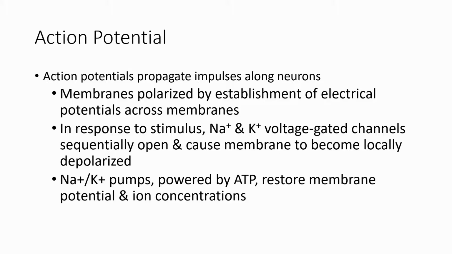So if a cell becomes rapidly depolarized, they'll open up and they'll allow sodium or potassium to pass through. And then sodium-potassium pumps will then restore everything back to its original concentrations, which is important because you want to be able to send multiple signals.